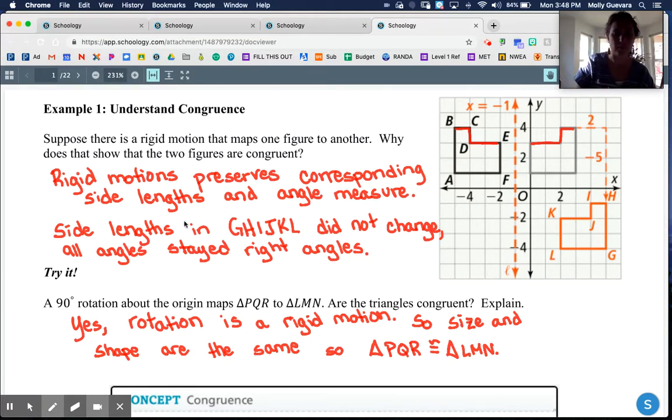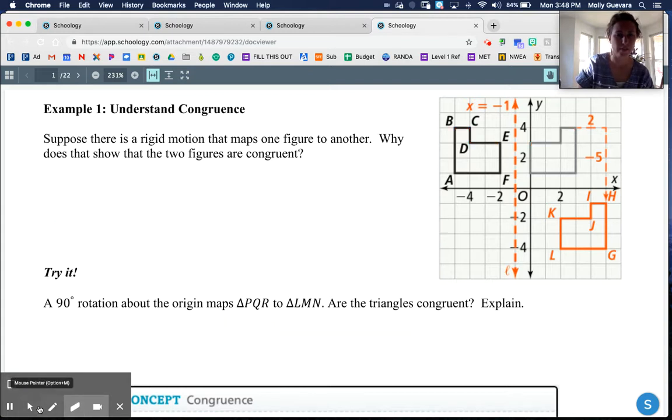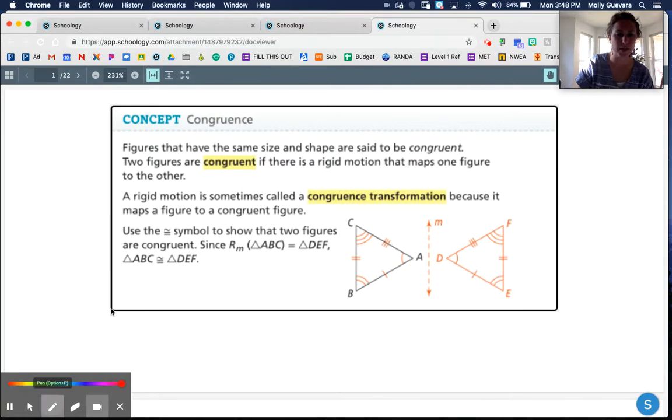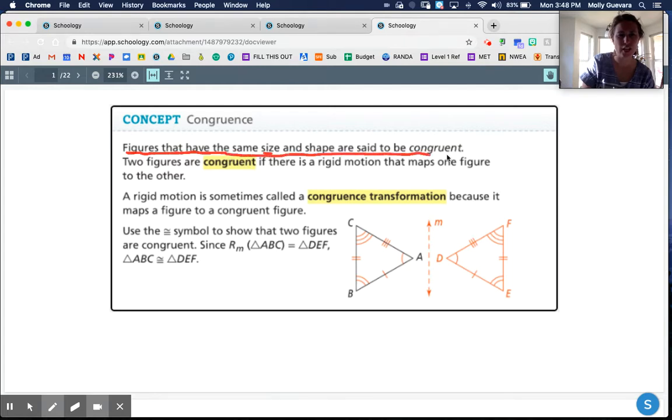Okay, so let's keep looking here. Okay, so congruence, we just talked about it a little bit, but figures that have the same size and shape are said to be congruent. Okay, so if they are the same size, same shape, they are congruent.